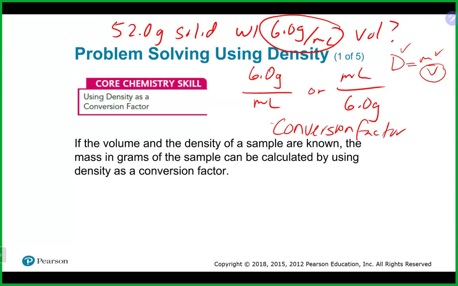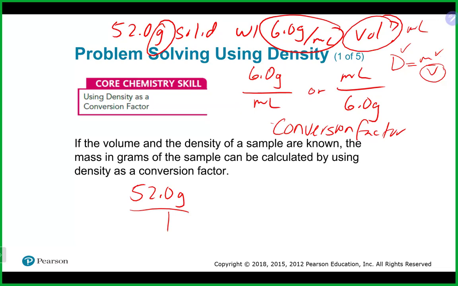I'm just going to think of this as a dimensional analysis problem, which means I have grams and I want volume. And unit of volume is milliliters. So I need to end up in milliliters. I got grams to start with. So I'm going to go 52.0 grams, just like I'm doing a traditional dimensional analysis problem. I'm even going to throw a 1 over it, just like normal.